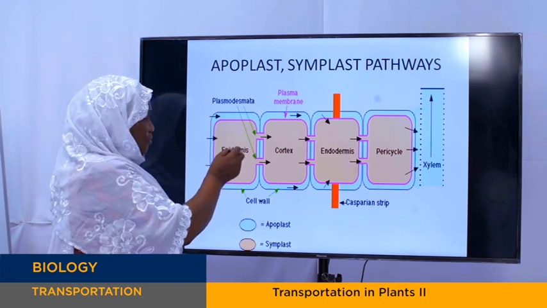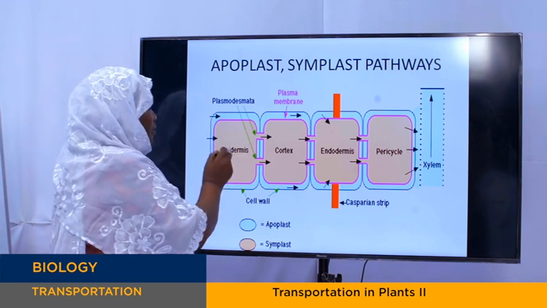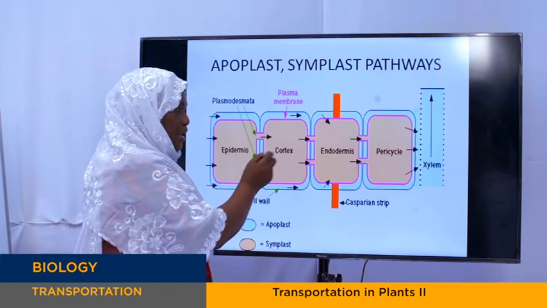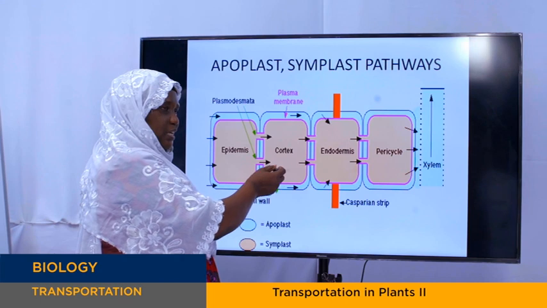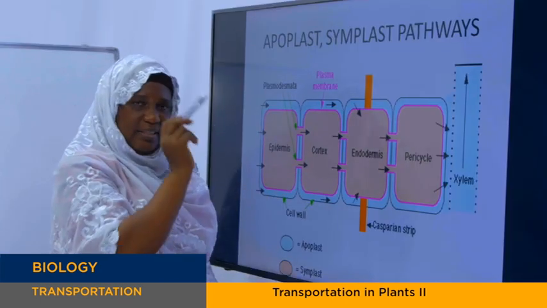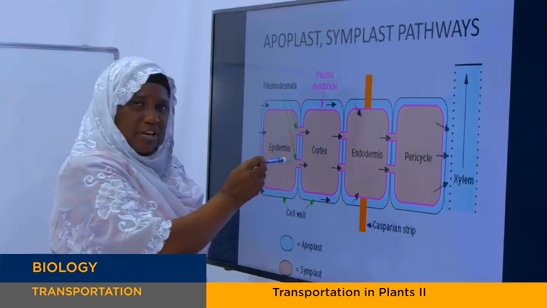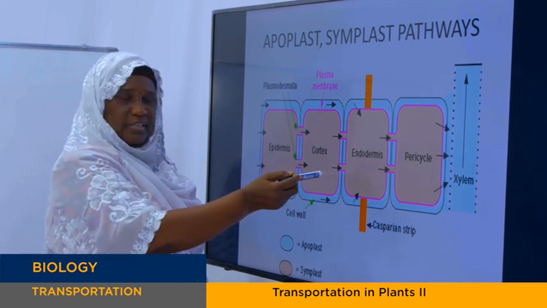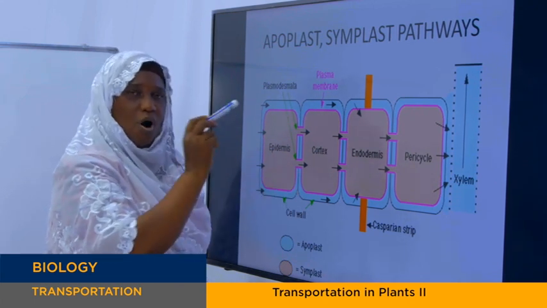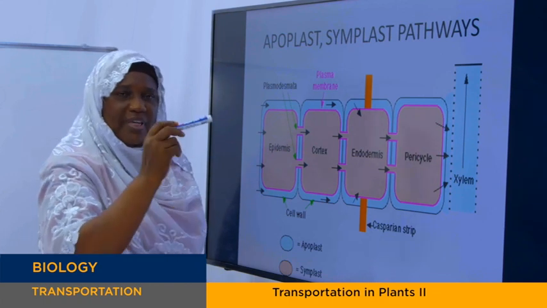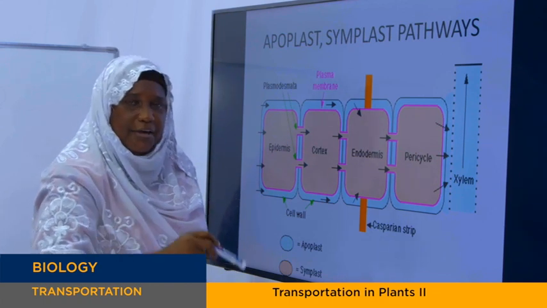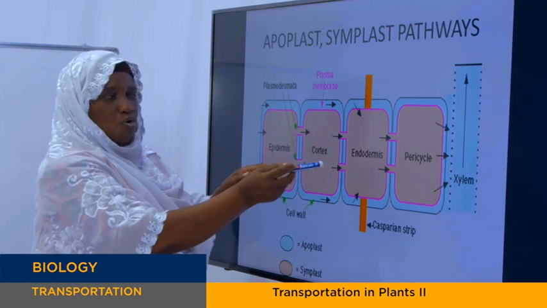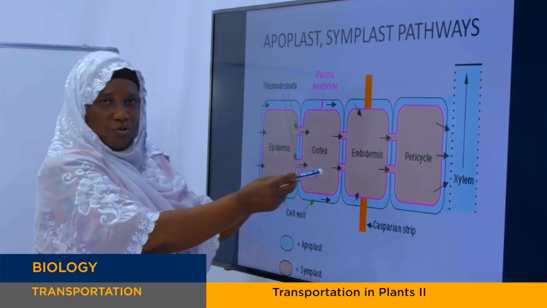That dilution makes solute potential in this cell lower than solute potential in a cortex cell. At the same time, water potential here will be high compared to this cell. Therefore, water will move from the area of high water potential, from here, to low water potential.